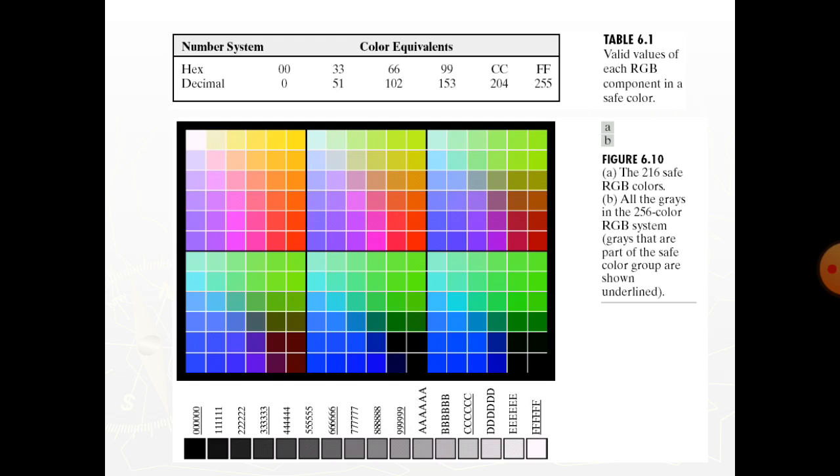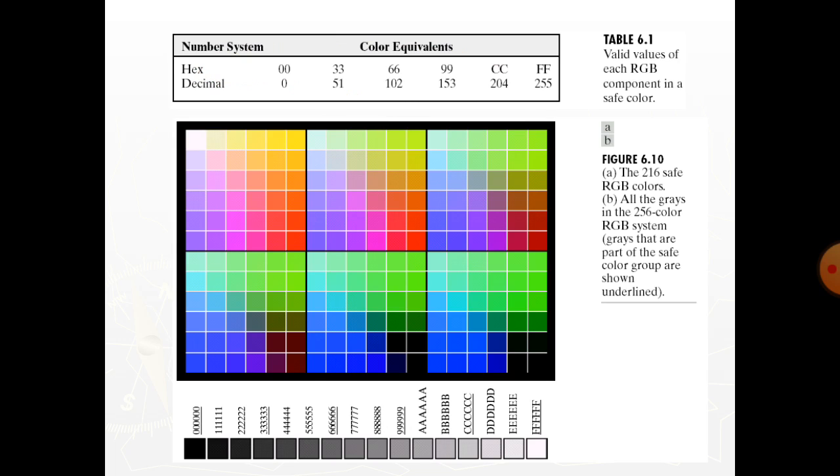It is customary to express these values in the hexadecimal number system, as shown here in the table. Recall that the hex numbers 0, 1 up to 9, A, B, C, D, E, F correspond to the decimal numbers 0, 1, 2 up to 9, 10, 11, 12, 13, 14 and 15.